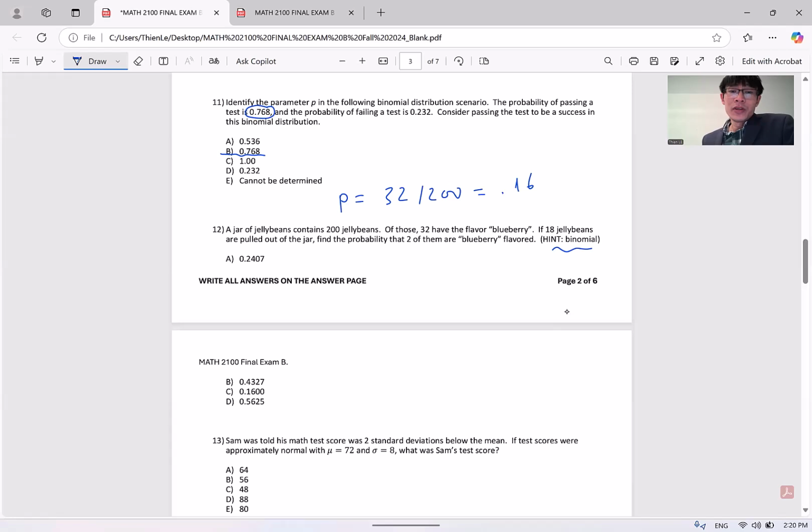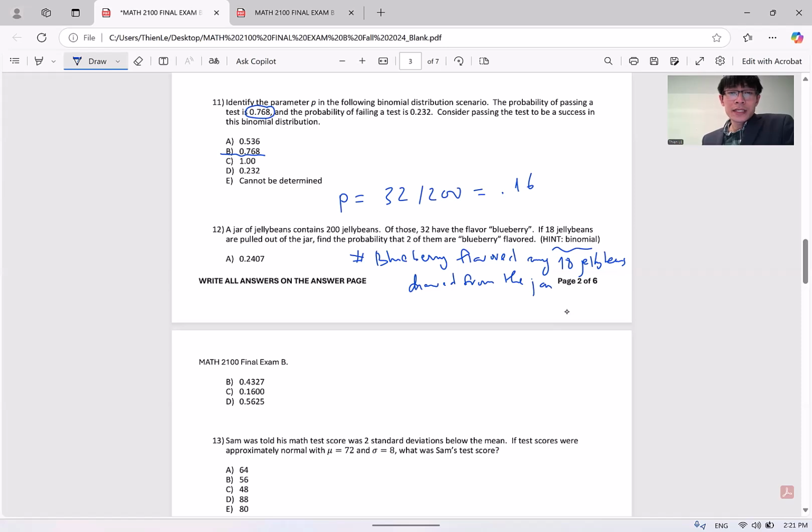So basically, if X is the number of blueberry flavored jelly beans among the 18 jelly beans drawn from the jar, right?